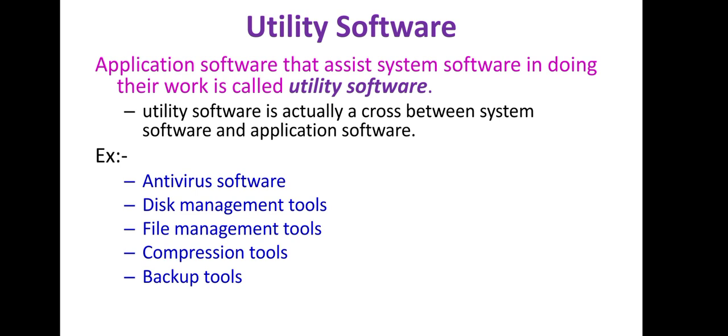But if you provide this, the system will have additional capabilities. For example, antivirus software. If the antivirus software is available or not available, the system may function. But if it is available, the performance is good and it safeguards against attacks.